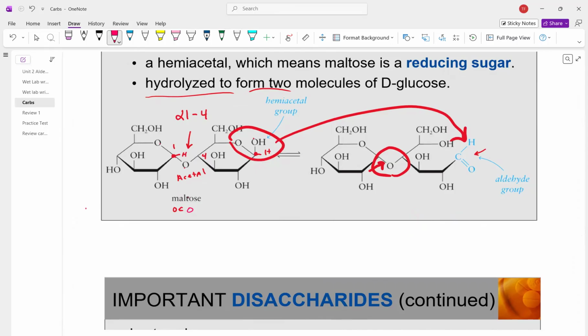Okay, we have an OCO right there. And we have an H. And we do not have an OH. So that means that is an acetal. We have another OCO over here.